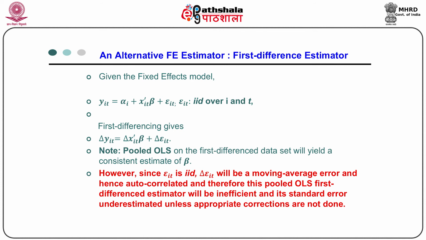However, since epsilon it is IID, delta epsilon it will be a moving average error and hence autocorrelated, and therefore, this pooled OLS first difference estimator will be inefficient and its standard error underestimated unless appropriate corrections are done. So, you find that in this case delta epsilon it will be a moving average process, and it affects the properties of the estimator.